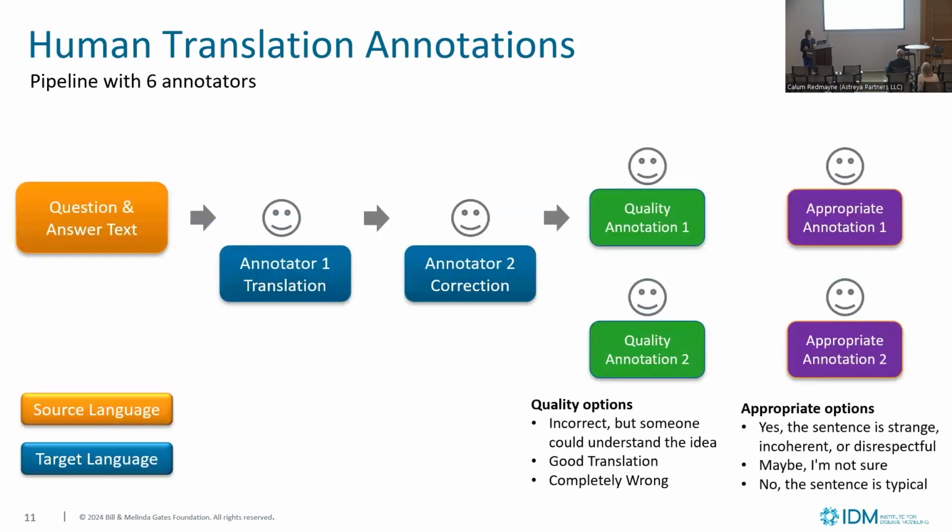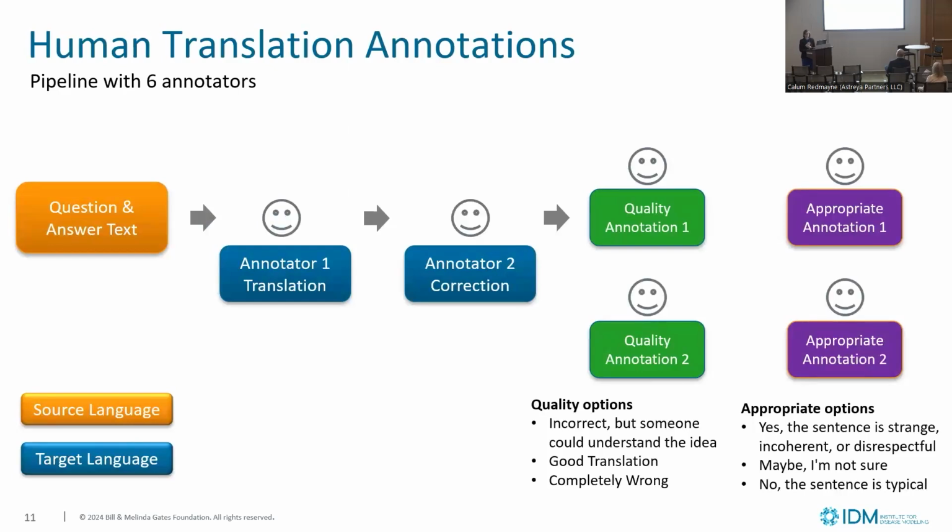So what we did is take benchmark data sets that are in English and translate these into other languages. So we have a source language, that's English, and then target languages. And we have our first annotator come up with a translation. The second annotator either accepts that translation as perfect or they update it.